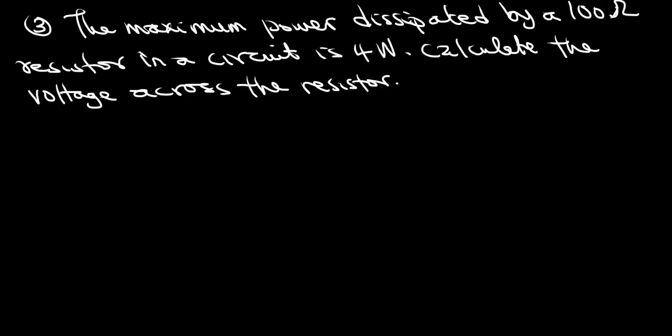The maximum power dissipated by a 100 ohm resistor in a circuit is 4 watts. Calculate the voltage across the resistor. Now, let's see the solution.